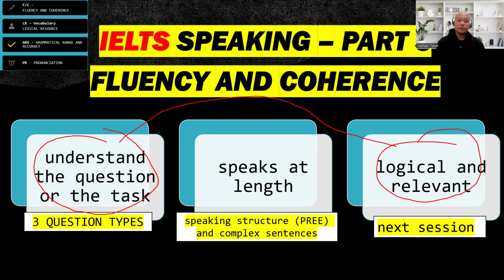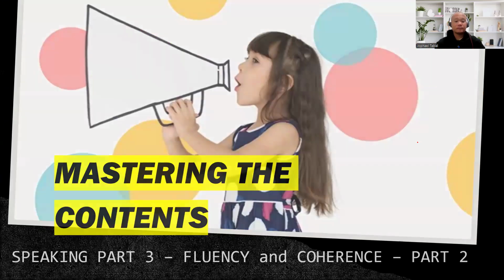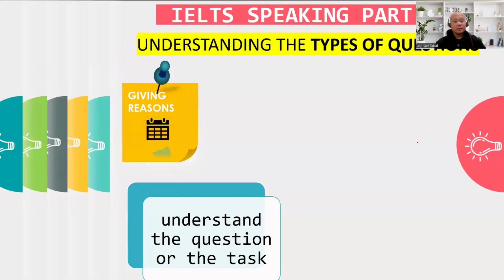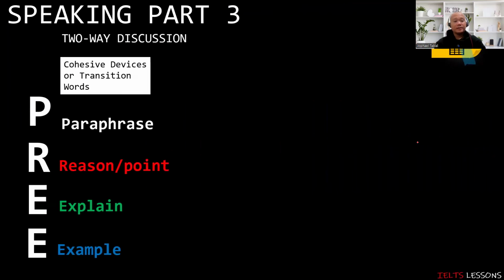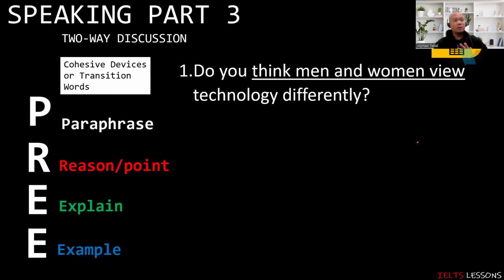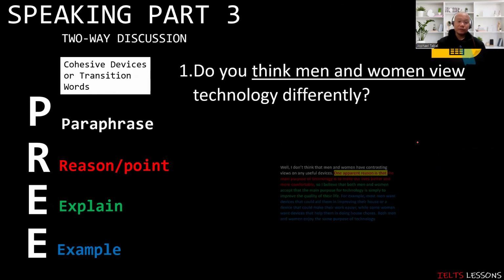And we have learned that there are three main types of questions: giving reasons, making comparisons, and giving advantages or disadvantages. So why is it so? How is understanding the question or the task connected to the third criteria, which is making the answer logical and relevant?